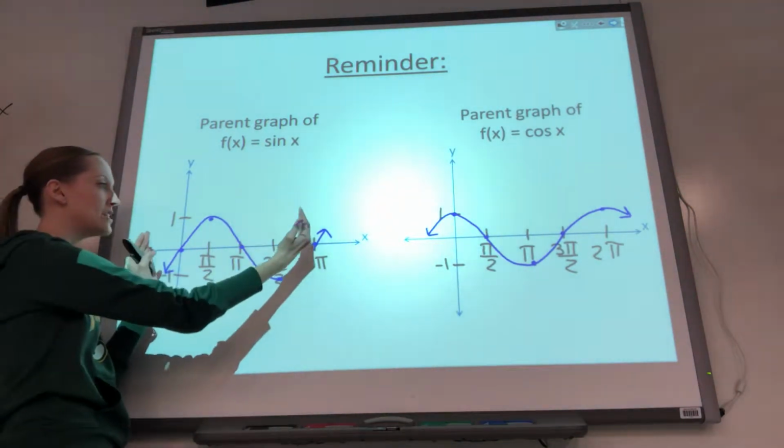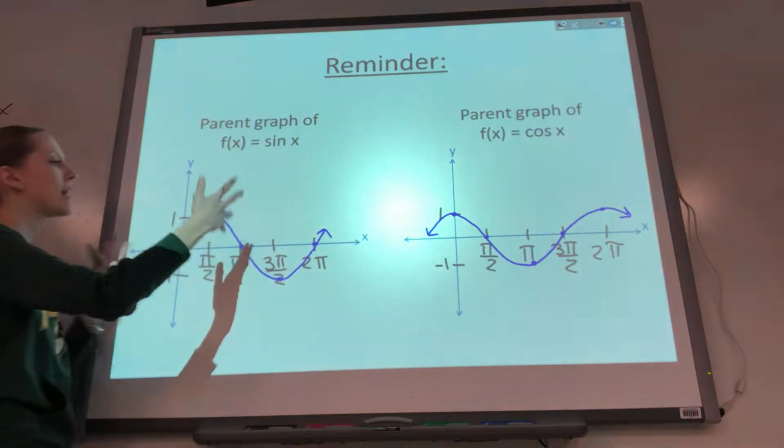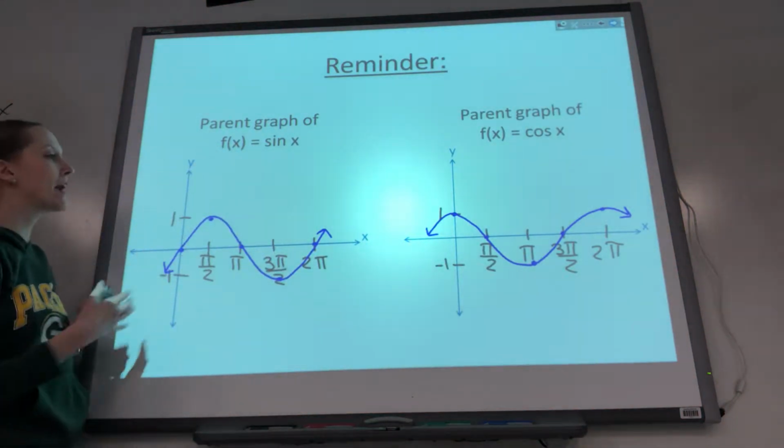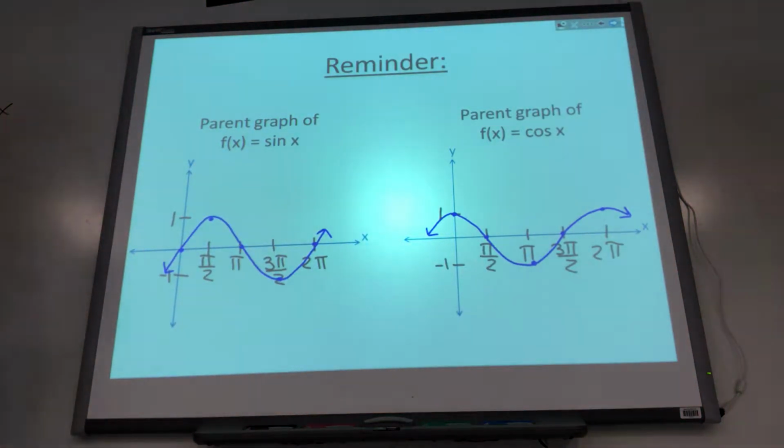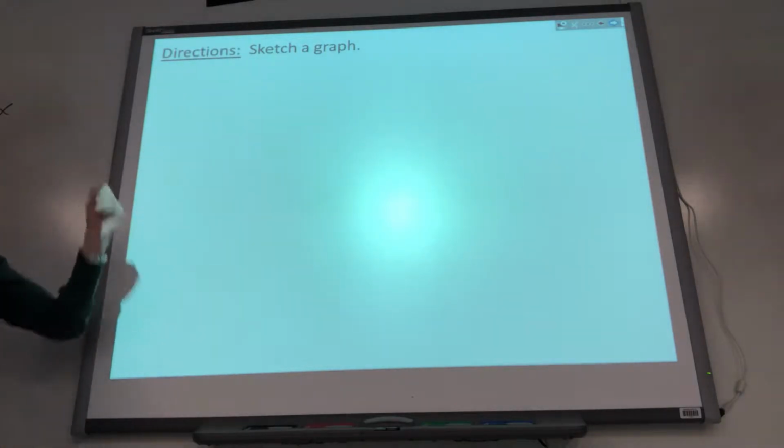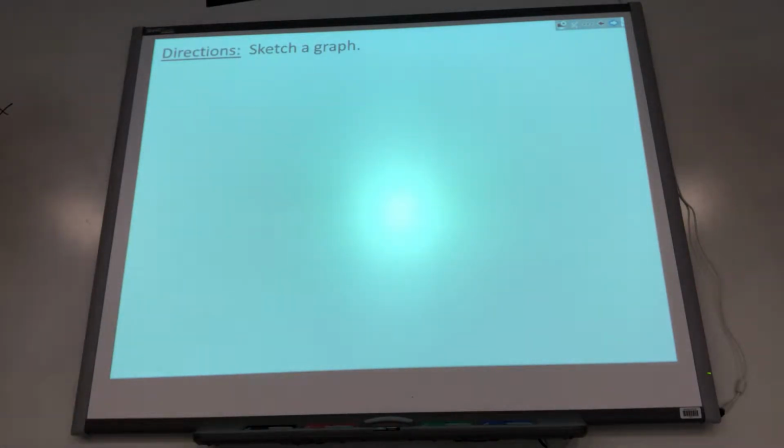So it may not be 2 pi on these. It might be something bigger or it might be something smaller. All right, so the directions are just to sketch a graph. And again, I think I've got 2 of these. This is just kind of building us up to some formulas and other things that we'll talk about later.